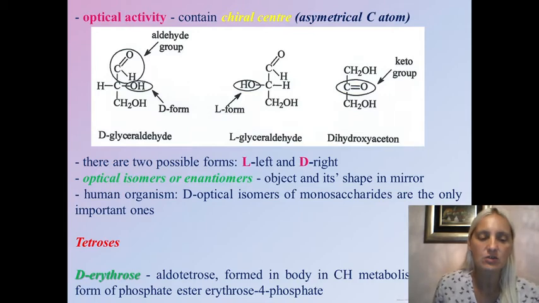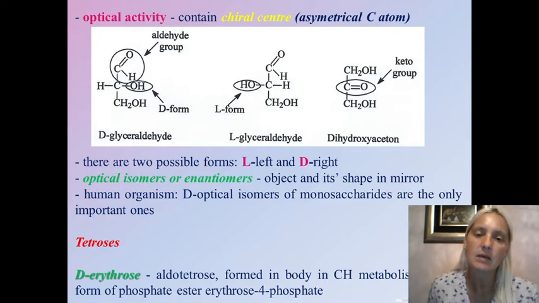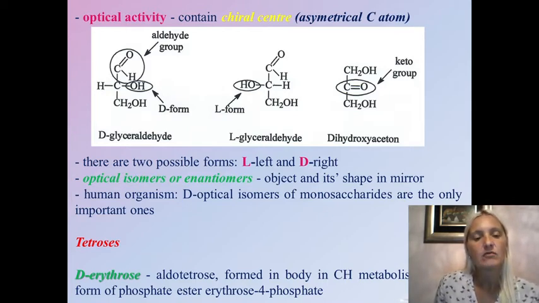Moving on to tetroses, D-erythrose is worth mentioning, containing an aldehyde group, formed in our body in the metabolic pathway called the hexose monophosphate pathway in the form of erythrose 4-phosphate.